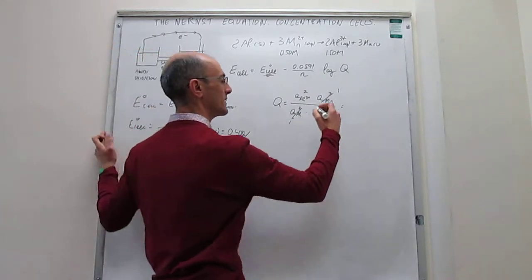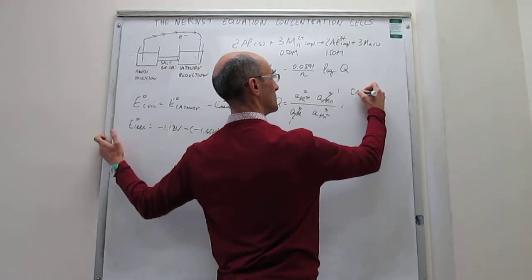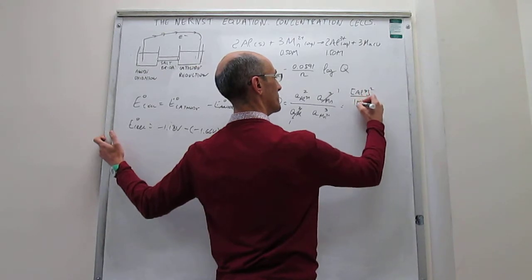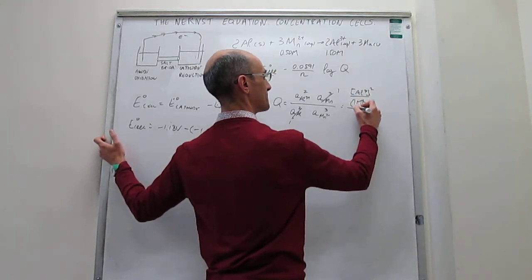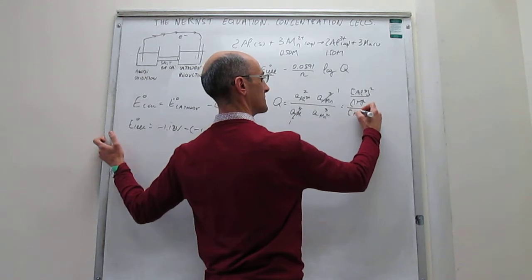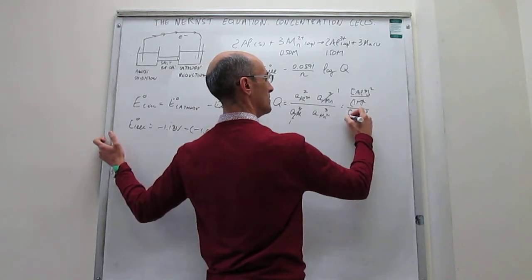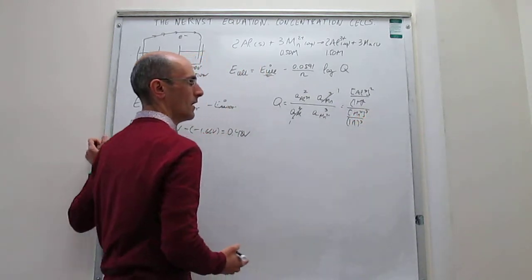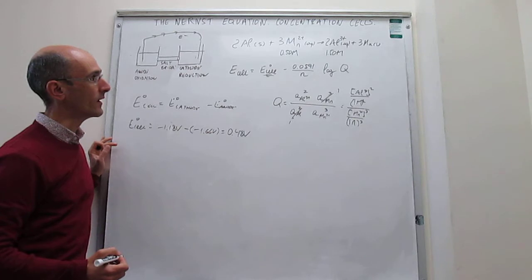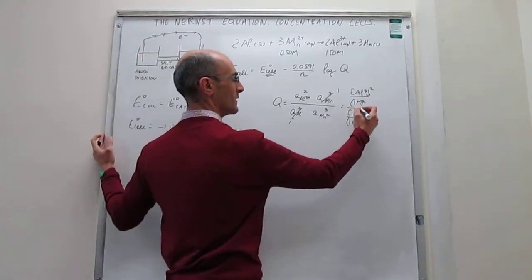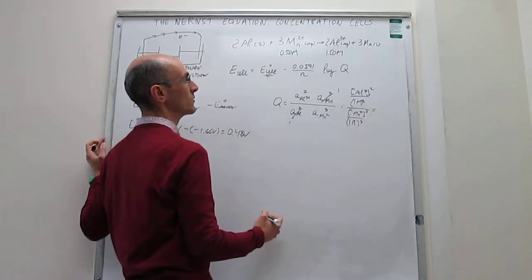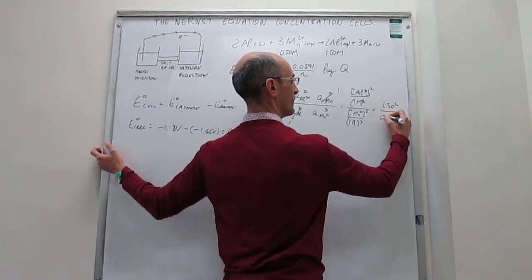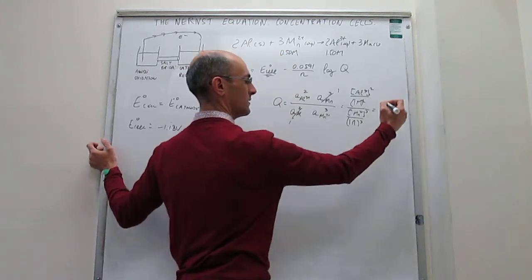Okay, so in this case, notice that it is going to be simply the concentration of your aluminum 3 plus in solution squared over 1 molar squared divided by the concentration of manganese 2 plus cubed over 1 molar cubed. So if we plug in here the concentrations that we have for the problem, this reaction quotient is going to be equal to 1.50 squared divided over 0.50 cubed.